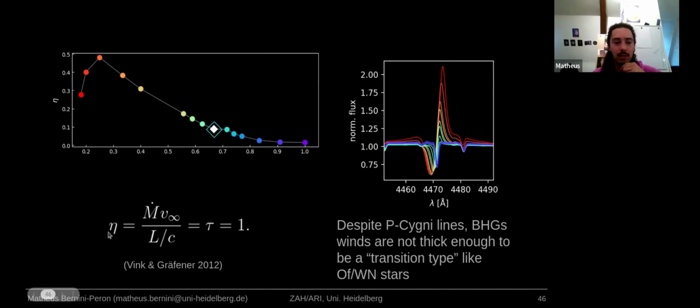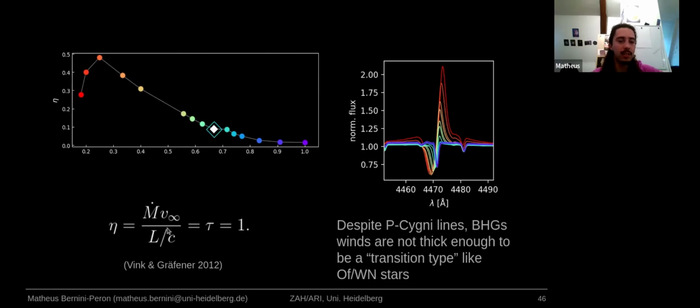wind efficiency parameter, which was introduced by Vink and Gräfener in 2012, which is essentially the combination of mass loss, velocity, and luminosity. If it's equal to 1, then all the mechanical momentum is similar to the radiative imprinted momentum.